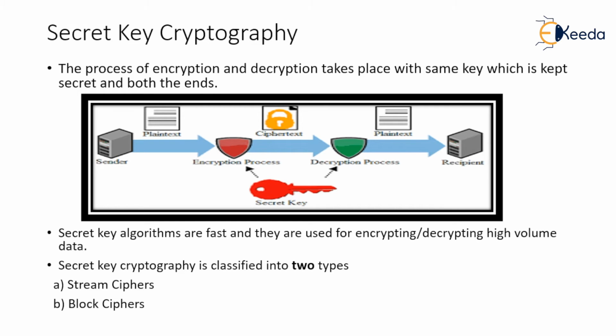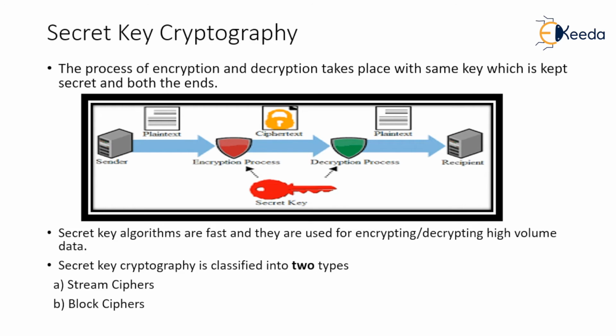When the sender converts the plain text into ciphertext, the encryption process takes the help of the secret key, with the help of which the plain text gets converted into the ciphertext.